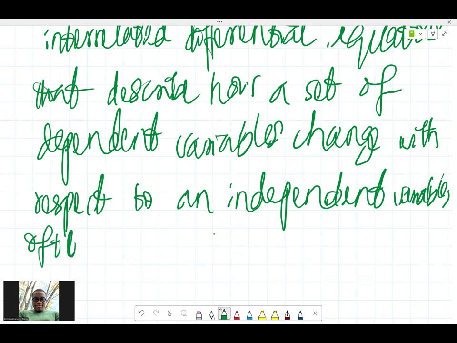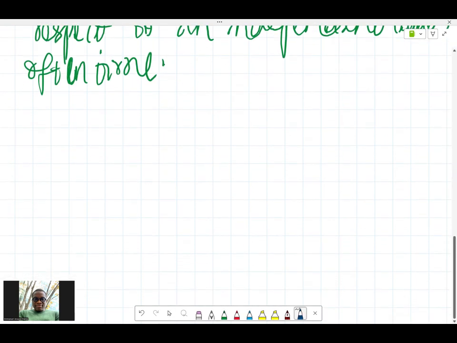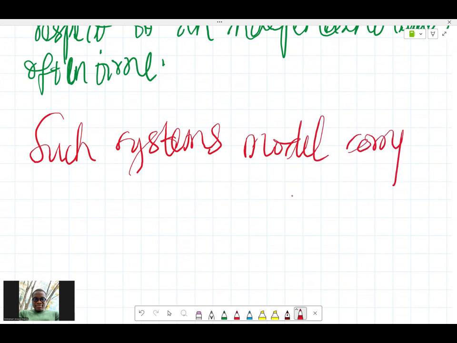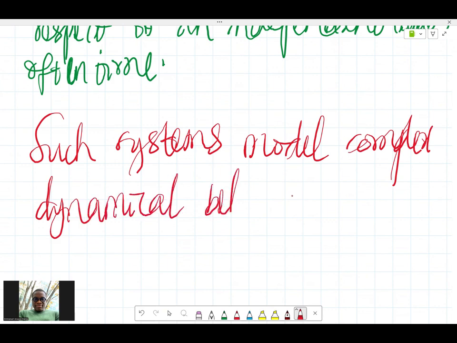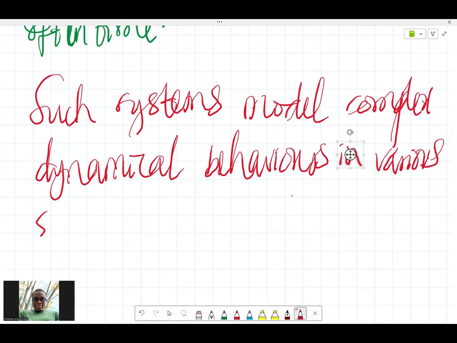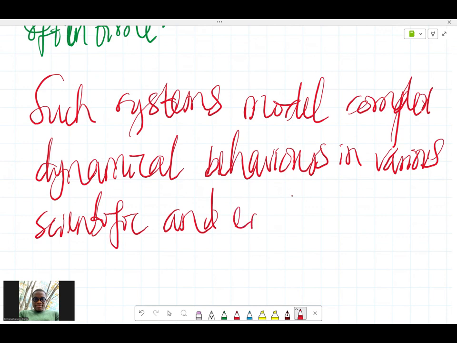Oftentimes, such systems model complex dynamical behaviors in various scientific and engineering disciplines.